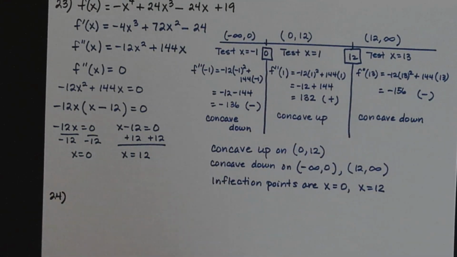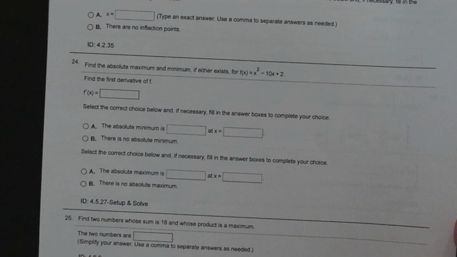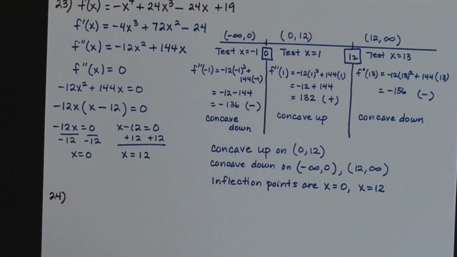All right, number 24. Here they want the absolute maximum and minimum, if either exists, for f of x equals x squared minus 10x plus 2.